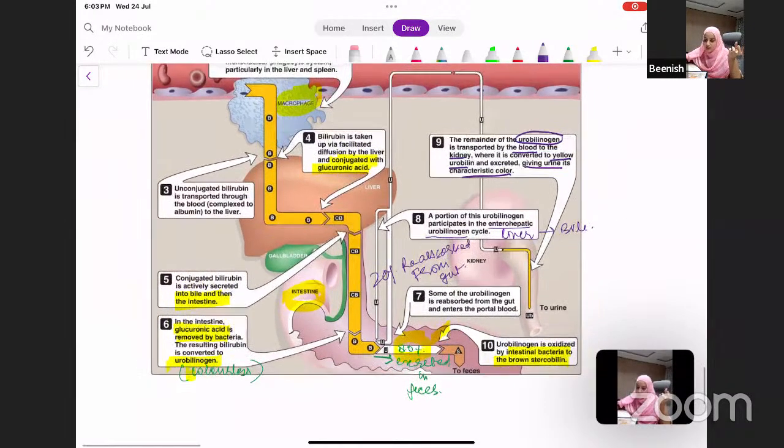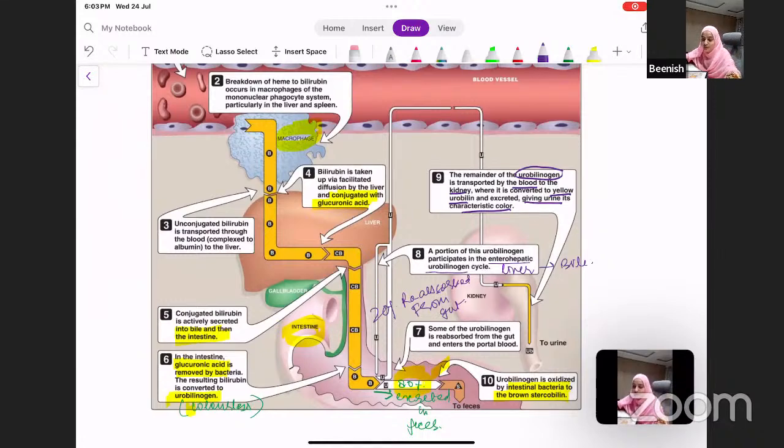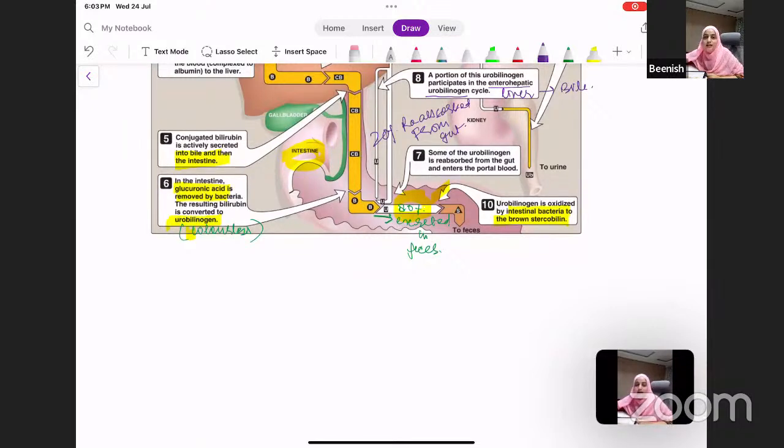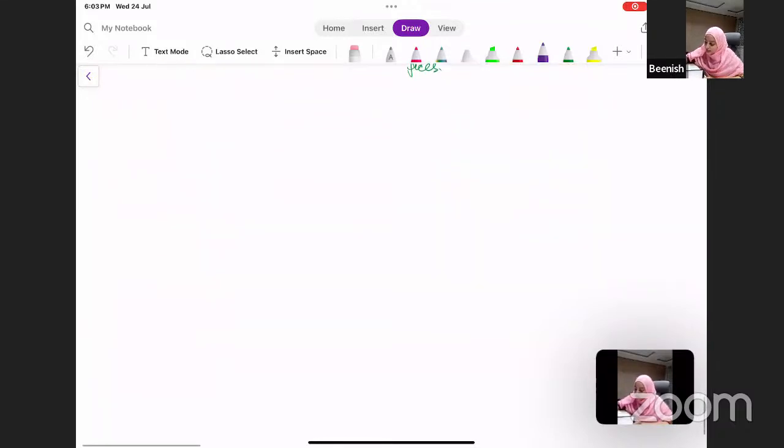So that was about the excretion of bilirubin from our bodies. And then if there are increased or elevated levels of bilirubin in the body, we end up with hyperbilirubinemias.